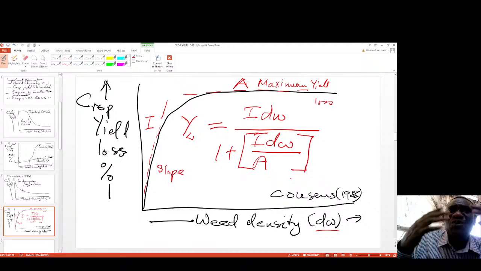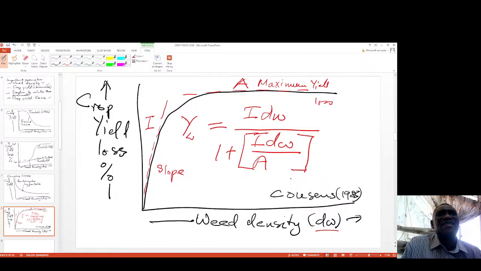When you have done your experiment, you get your weed density and yield. You can also estimate crop yield loss and come up with this sort of graph. You can also come up with this equation from Cousins.